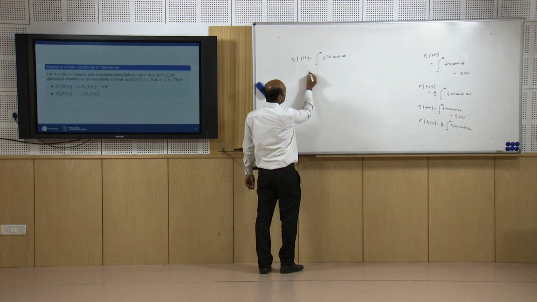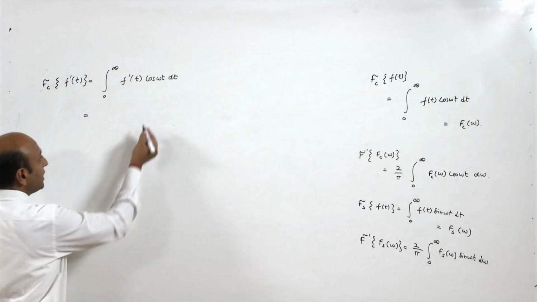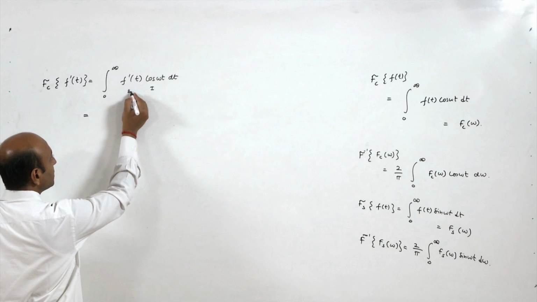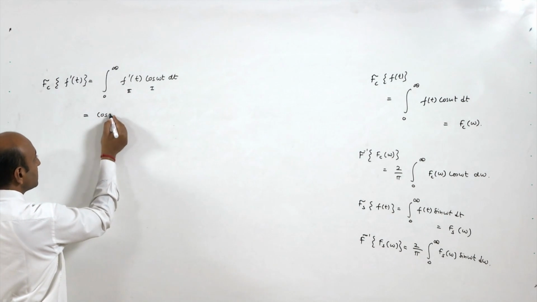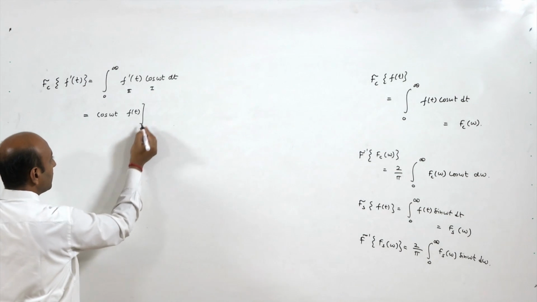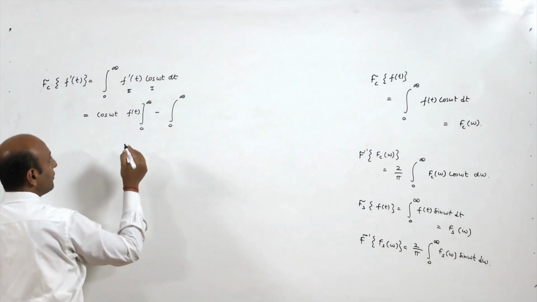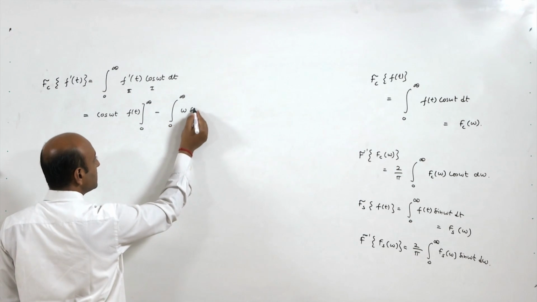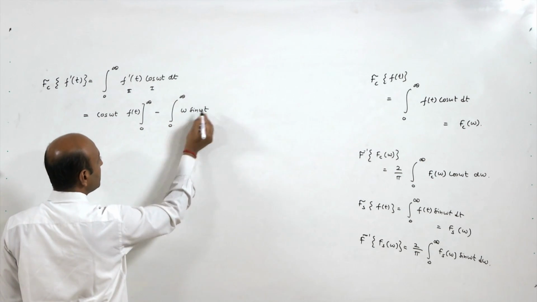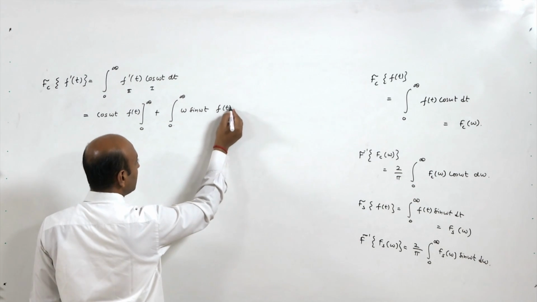Now, you apply integration by parts: you take the first function as it is, and integrate the second, which gives f(t) from 0 to infinity, minus the integral of the derivative of the first, which is ω sin ωt with a negative sign, so it becomes positive, times f(t) dt.